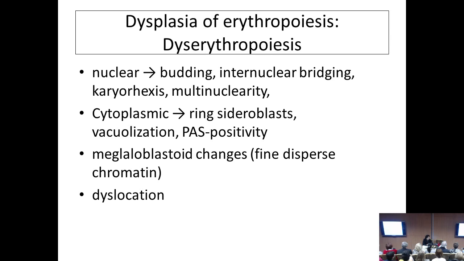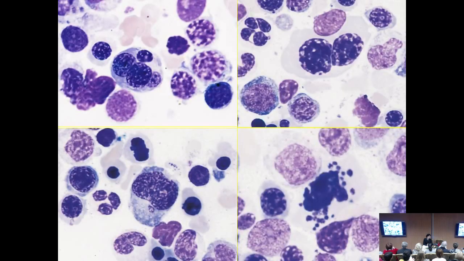Then there can be abnormal vacuolization and granular or diffuse positivity for periodic acid-Schiff stain, PAS positivity. Furthermore, there are frequently megaloblastoid changes. This does not only mean a discrepancy between cytoplasm and nucleus maturation, but also a very particular finely dispersed chromatin of the erythroid precursor nuclei, and dislocation, as I told you already.